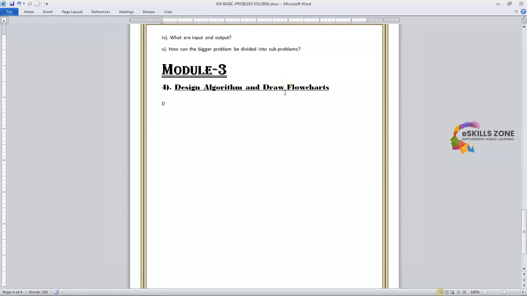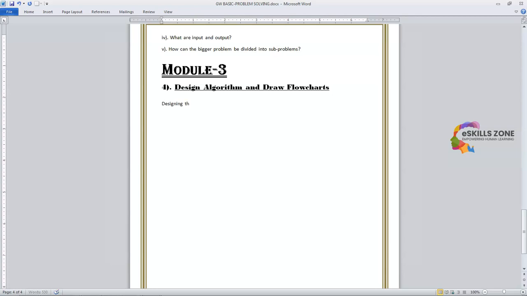We'll use some typical symbols to denote input, output, process, and decision symbols. So first we will read what the purpose of designing algorithms and drawing flowcharts is in the problem solving process.